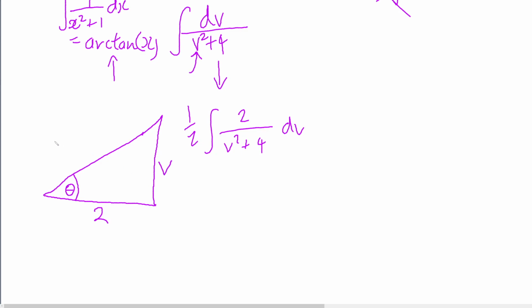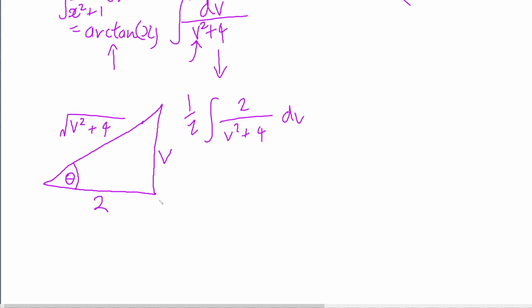By Pythagoras' theorem, this hypotenuse should be the square root of v squared plus 4. Because of the way we've drawn this triangle, tan of this angle theta is going to be v over 2.